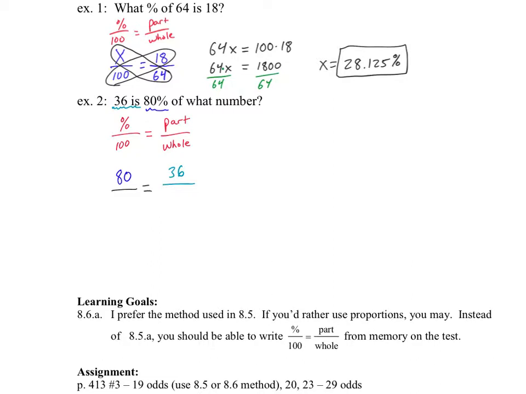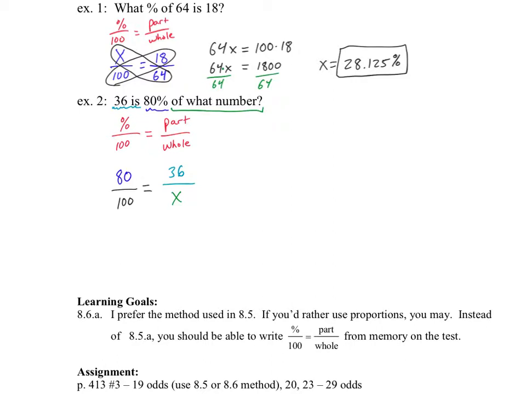Of what number? So we're trying to find the whole, since the of is paired with the whole, which even if we don't look at it this way, hopefully it makes sense to fill things in that way. And we have our 100 to copy down. 36 is 80% of what number? 36 is that 80%.